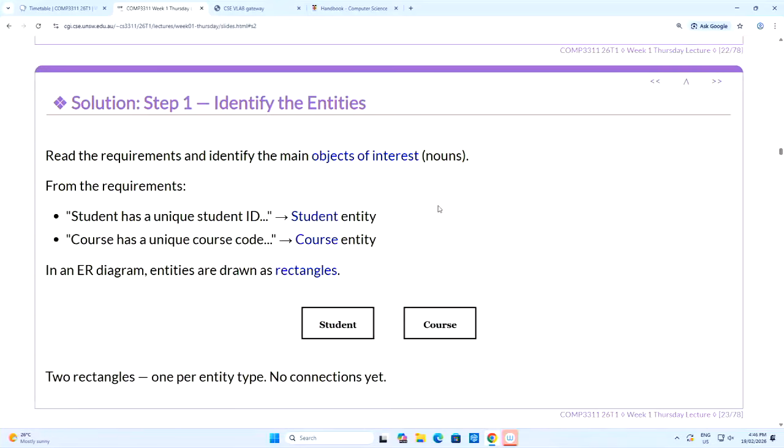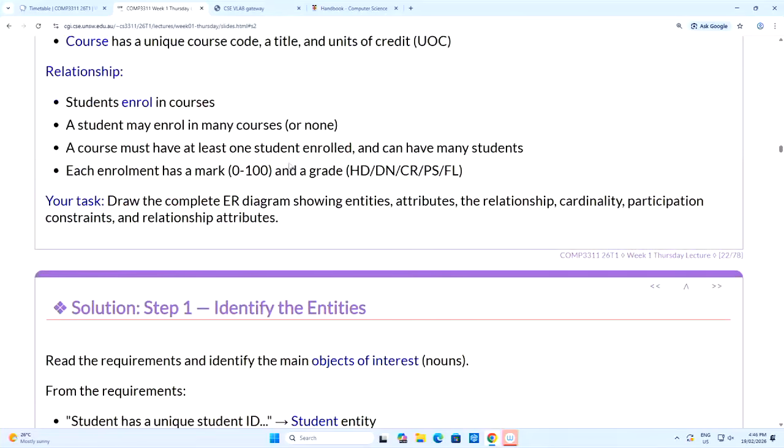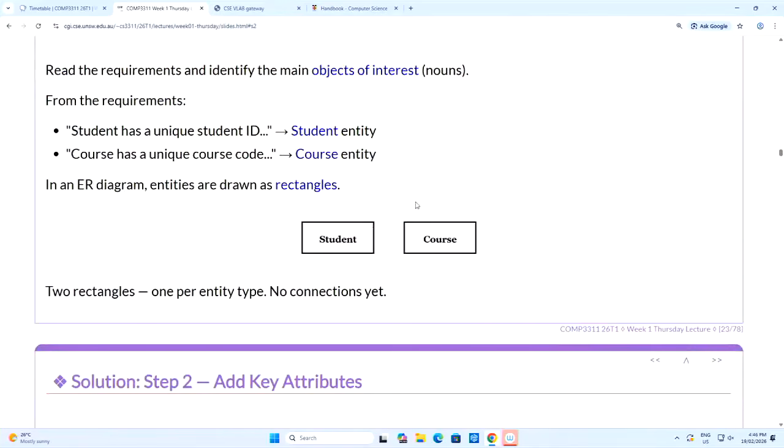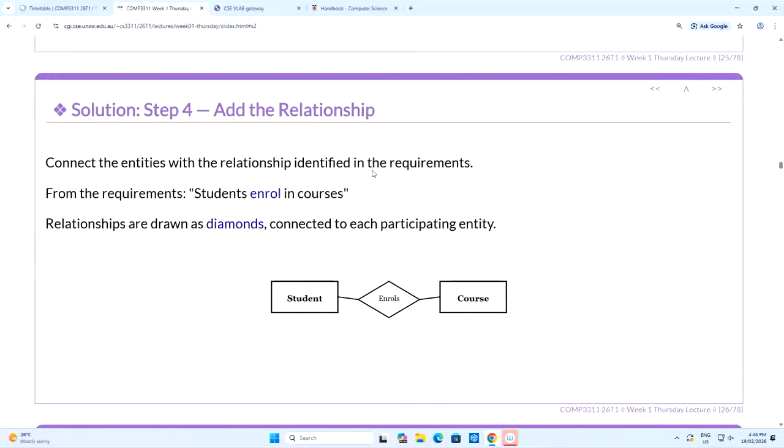So it makes no sense to record the grades separately. So grade is a good example of a derived attribute. That's a very good catch. I actually forgot that. And add the remaining attributes, and then we add a relationship. The only relationship we mentioned here is students enroll in courses.